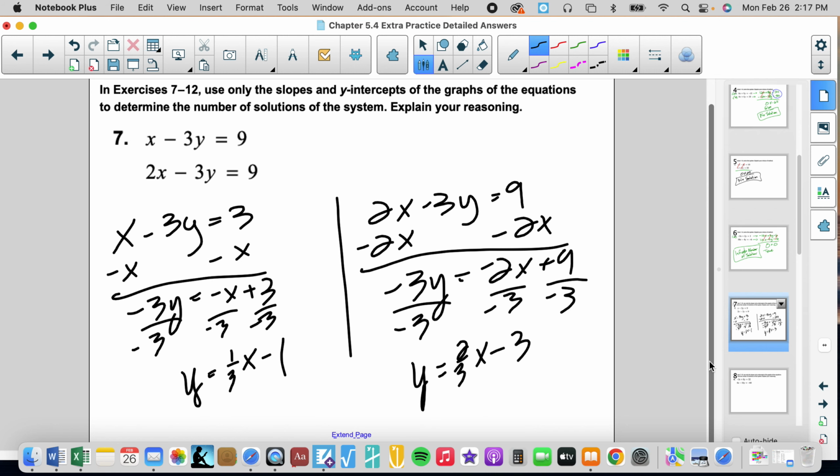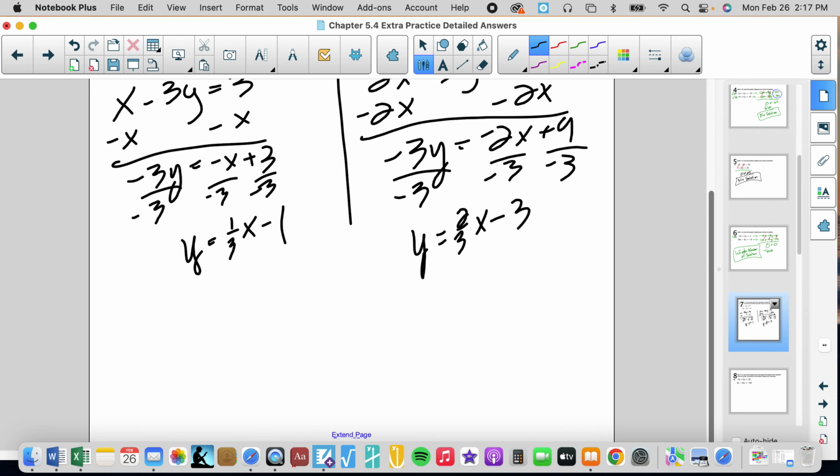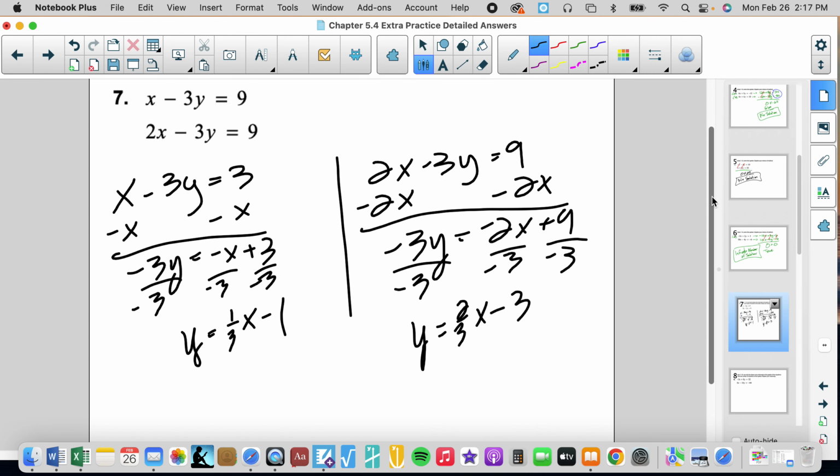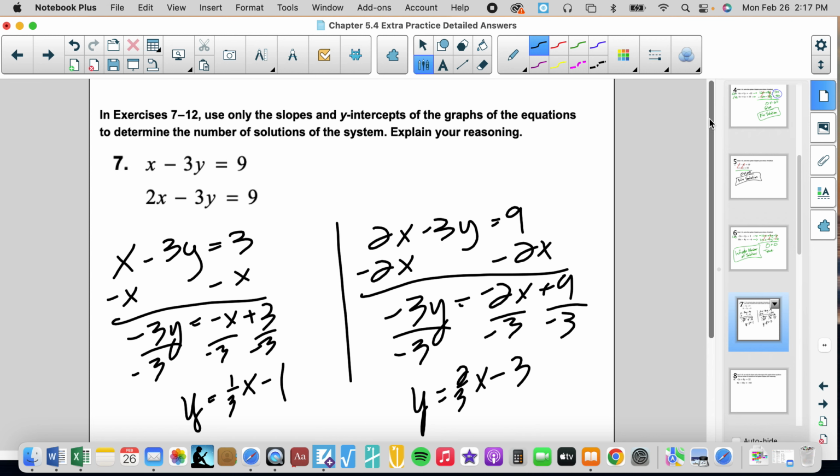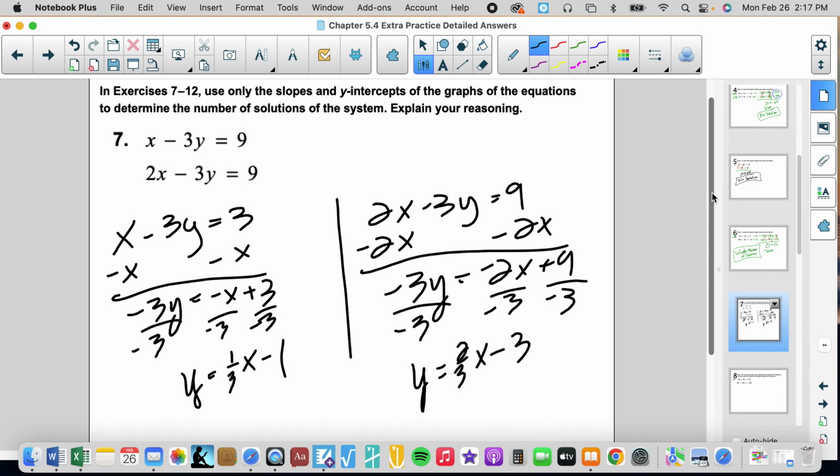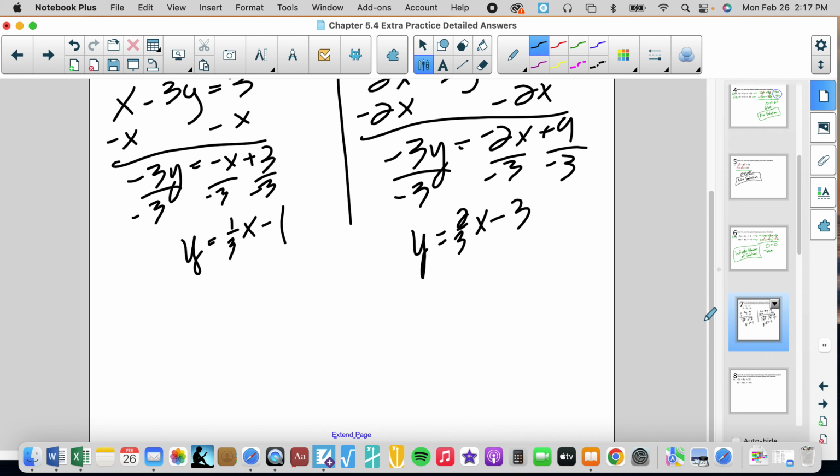So what does this tell us? Did I come up with the wrong answer too? What was my answer for 7? Well, this tells me that they are not parallel and they intersect at one point.